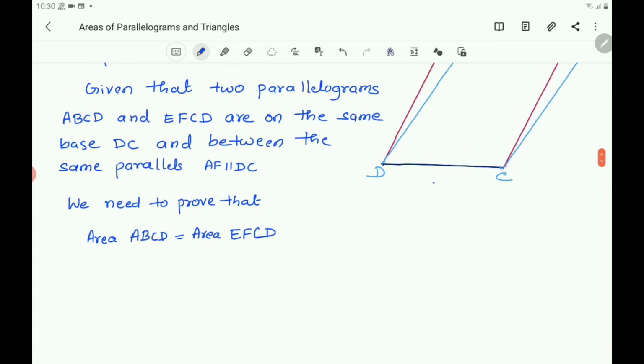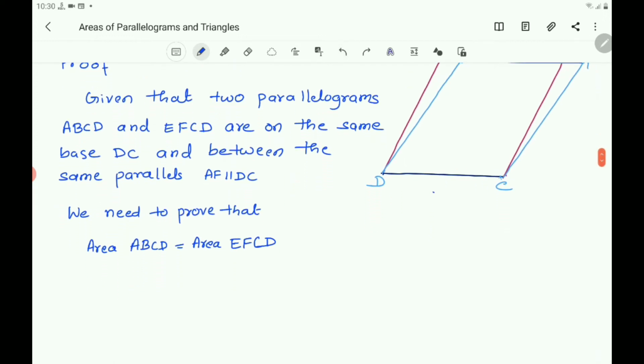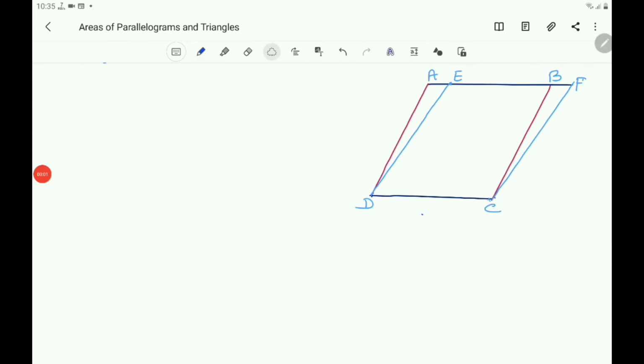And here triangle ADE and triangle BCF. In triangle ADE and triangle BCF, we don't know whether they are congruent or not. We have to prove that they are congruent, if it is possible. Now you write the names of the two triangles.